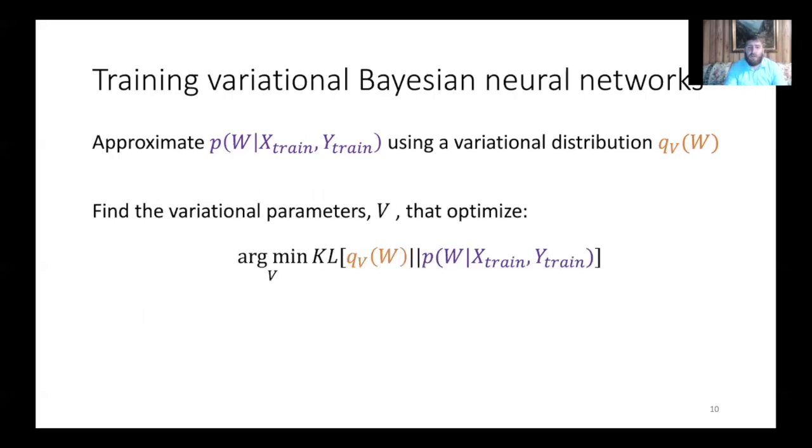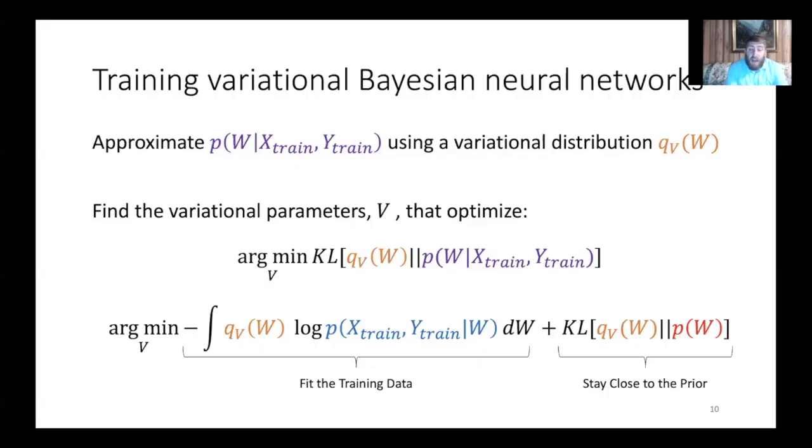In variational inference, this is done by using the Kullback-Leibler divergence. We want the divergence to be as small as possible, making the distributions as similar as possible. Then, once we have done that, we can use our trained model.